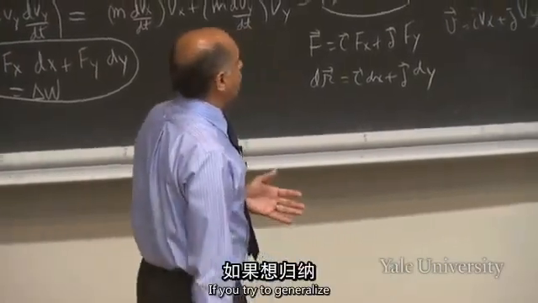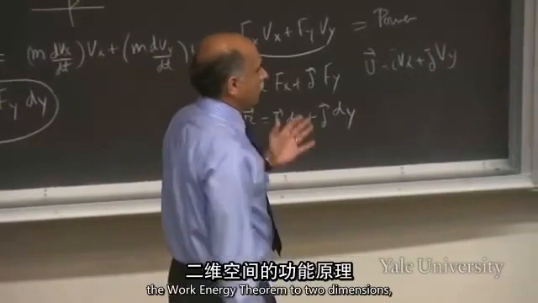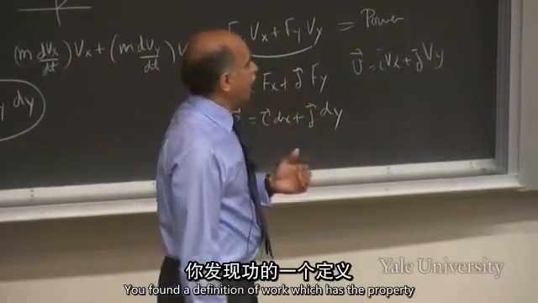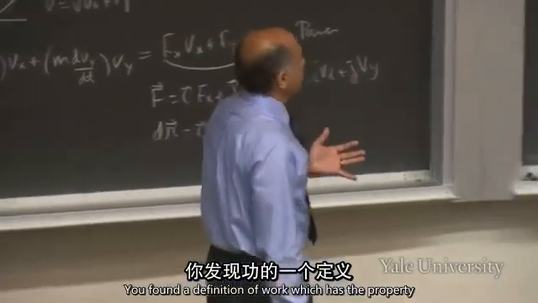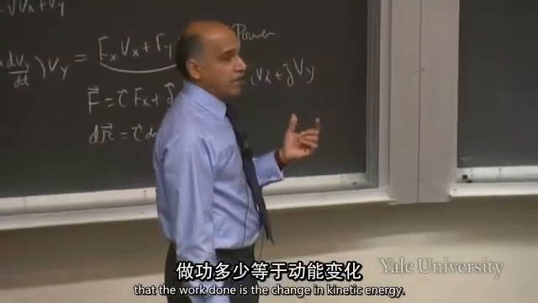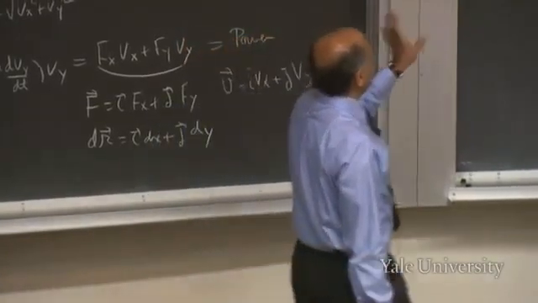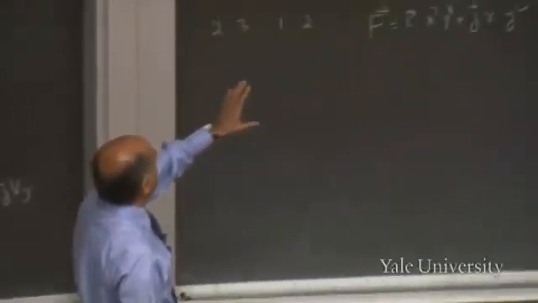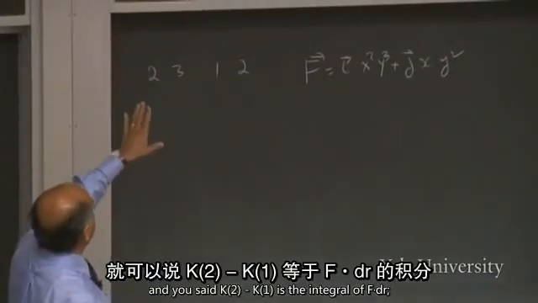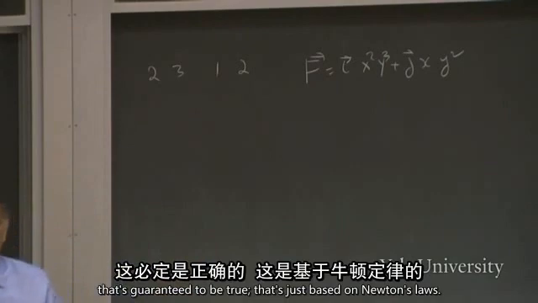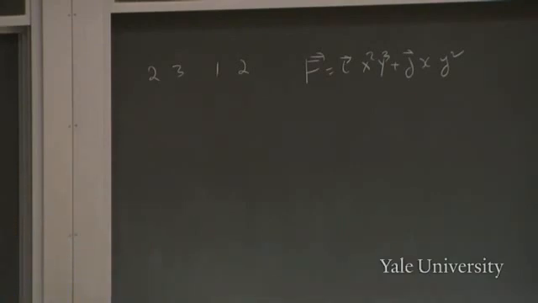If you try to generalize the work energy theorem to 2 dimensions, this is what happened so far. You found a definition of work which has the property that the work done is the change in kinetic energy. Then you added up all the changes in kinetic energy and added up all the work done, and you said K2 minus K1 is the integral of F dot dr. That's guaranteed to be true. That's just based on Newton's laws.